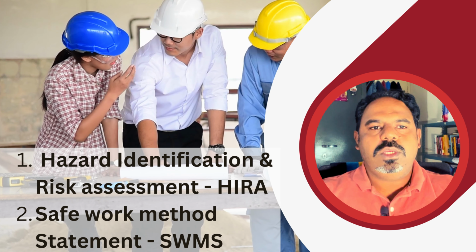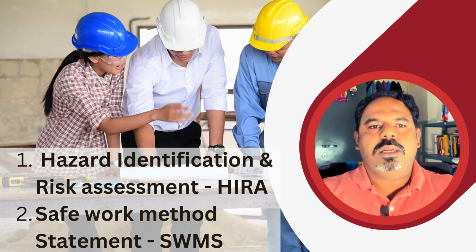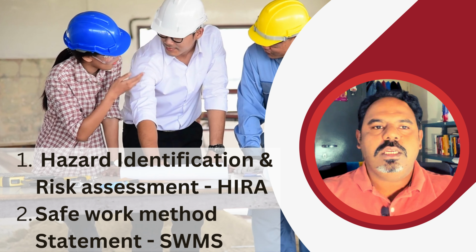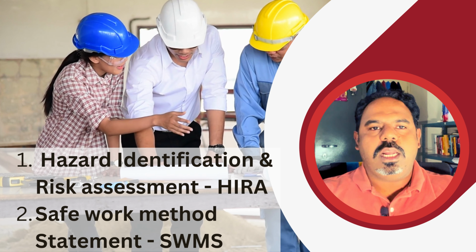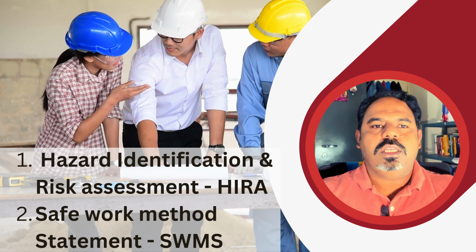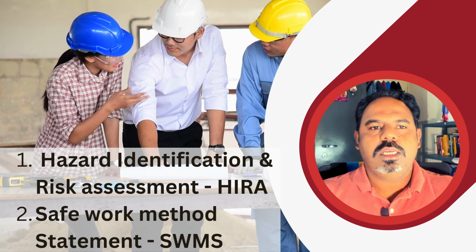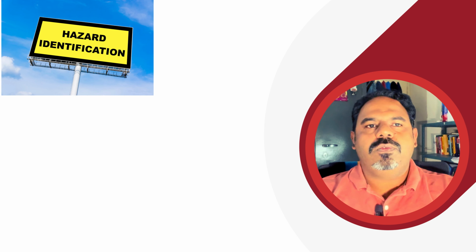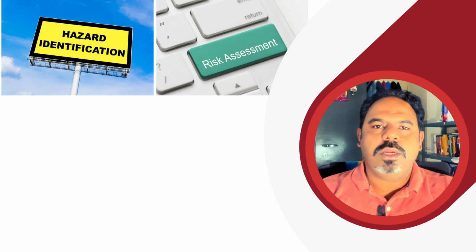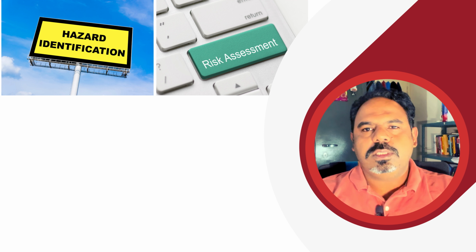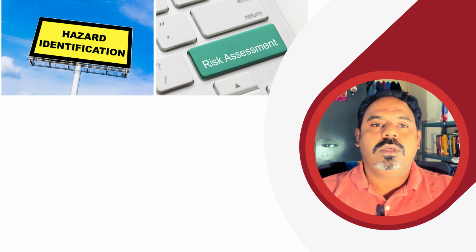However, we should remember that basic and complex activities are linked with each other in these topics, such as hazard, risk, and control measures. HIRA is an abbreviation of hazard identification and risk assessment, whereas SWMS is an abbreviation of safe work method statement.